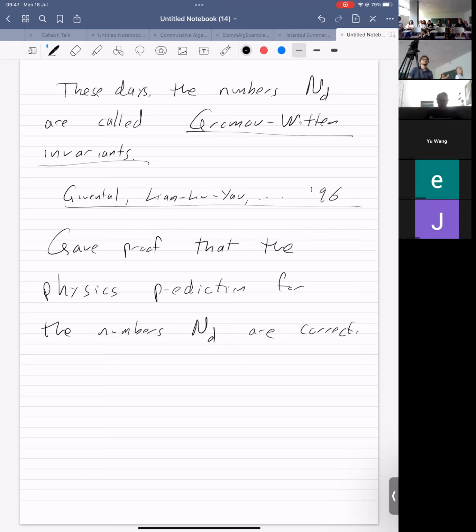Now, let me mention one key point, which will come up as we go on.